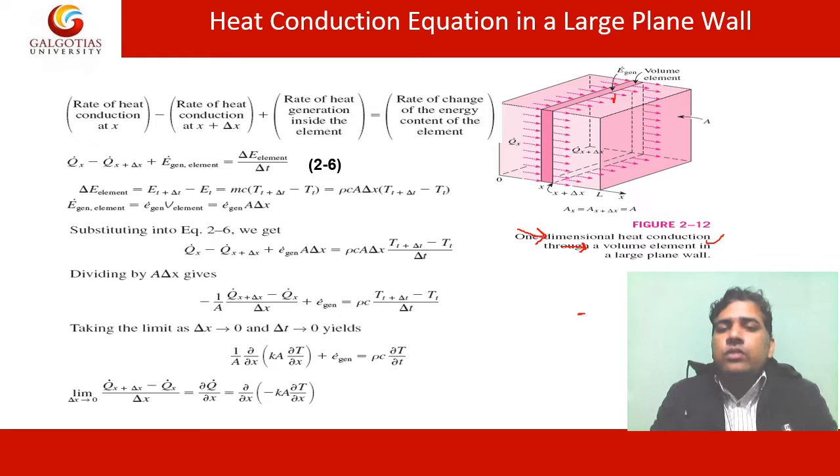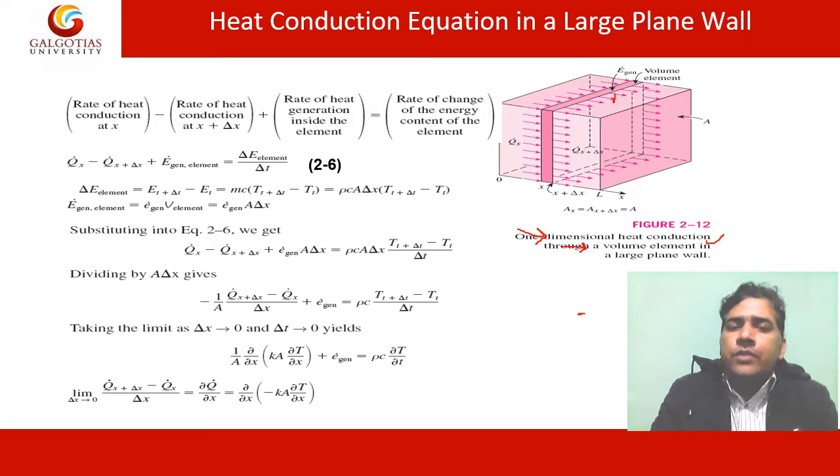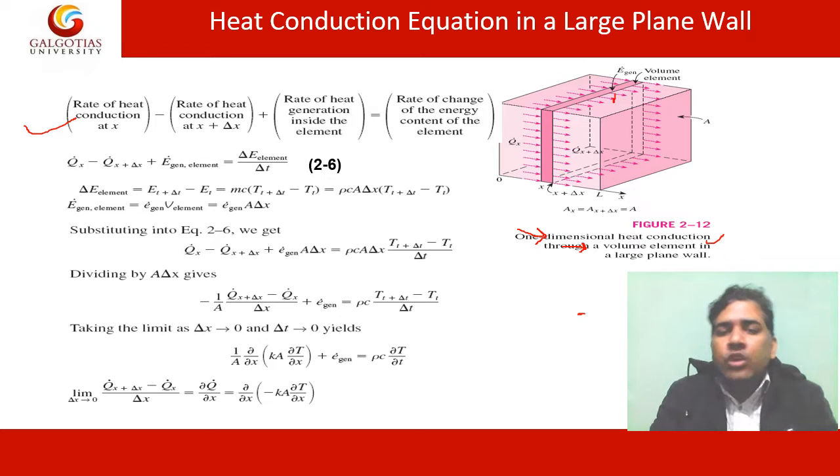So the total heat transfer will be the heat transfer as well as the heat generated. That is why we apply the first law of thermodynamics on this small volume. We can say that the rate of heat conduction at x minus the rate of heat conduction at x plus delta x. Why are we writing this?